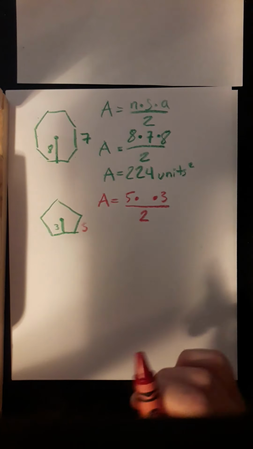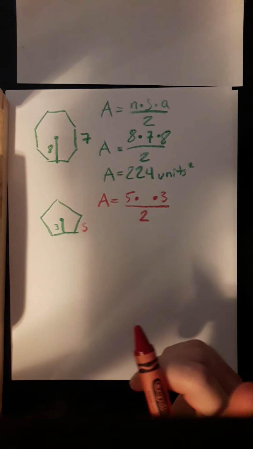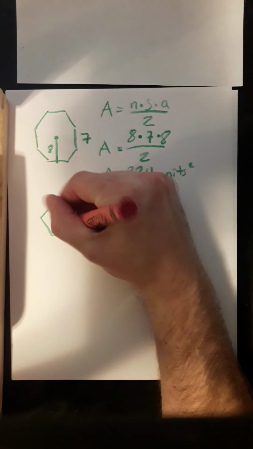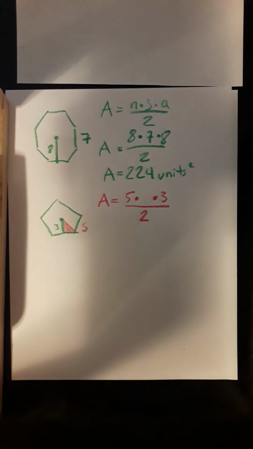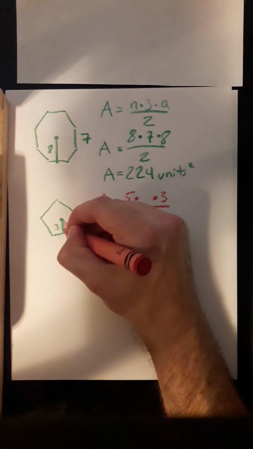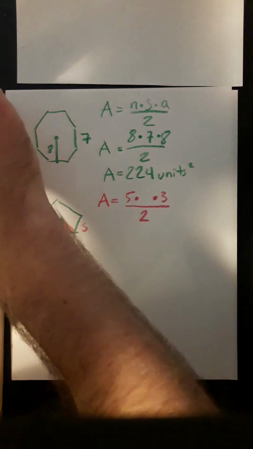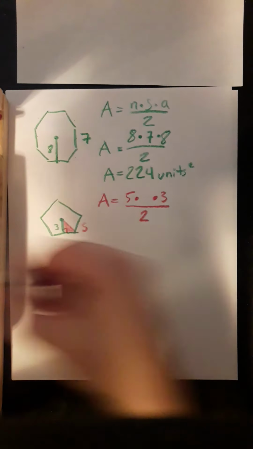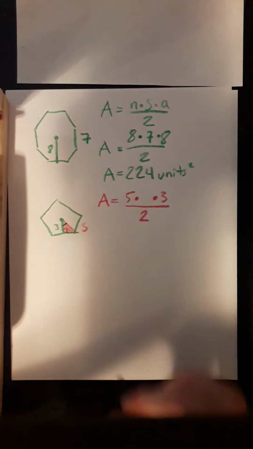So what we have to do, unfortunately, is use trig. I know you guys missed trig. Now, every single polygon has a bunch of little right triangles in it. Now, we can solve for this angle. This is a pentagon, right?